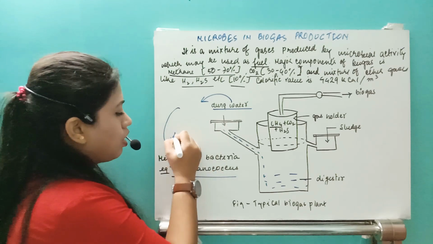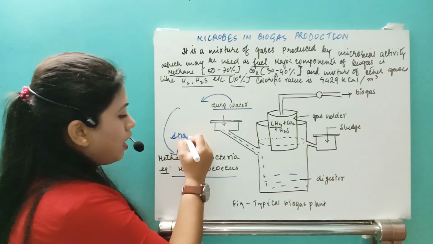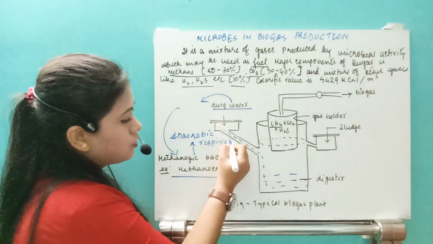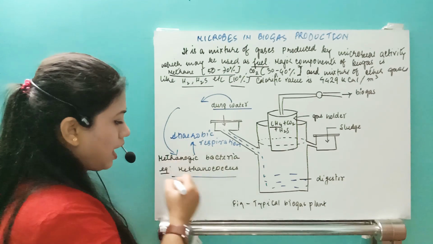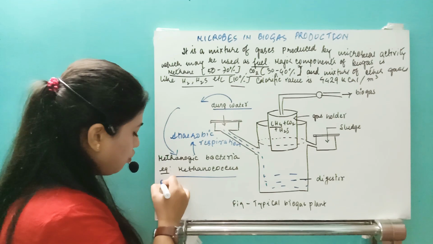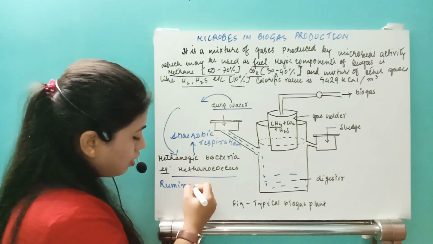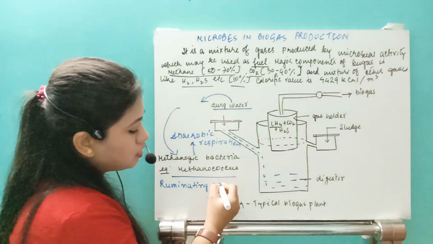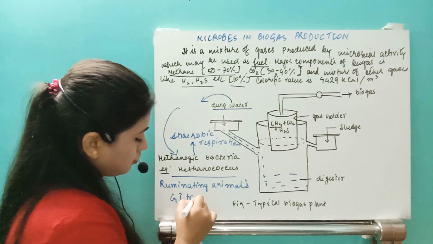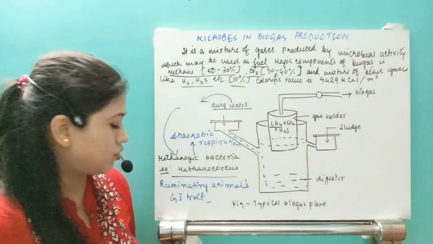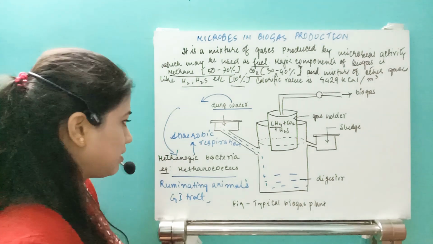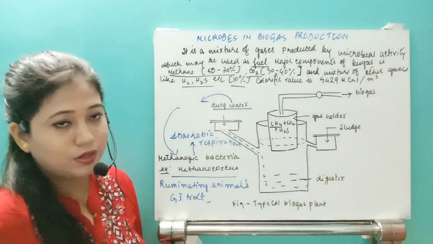You need to know that this methanogenic bacteria is present in the GI tract of ruminating animals, and this Methanococcus allows anaerobic respiration.